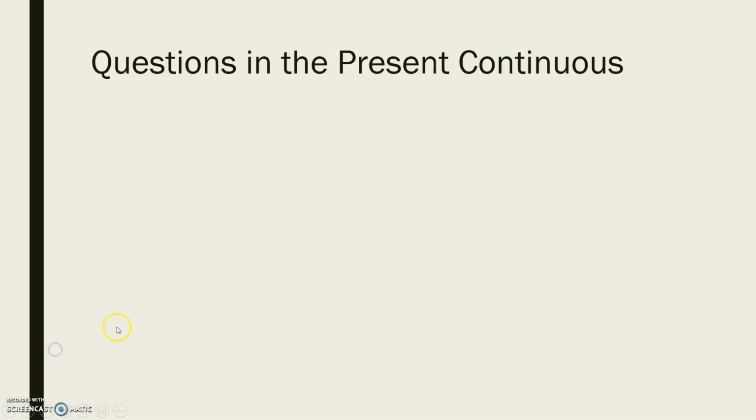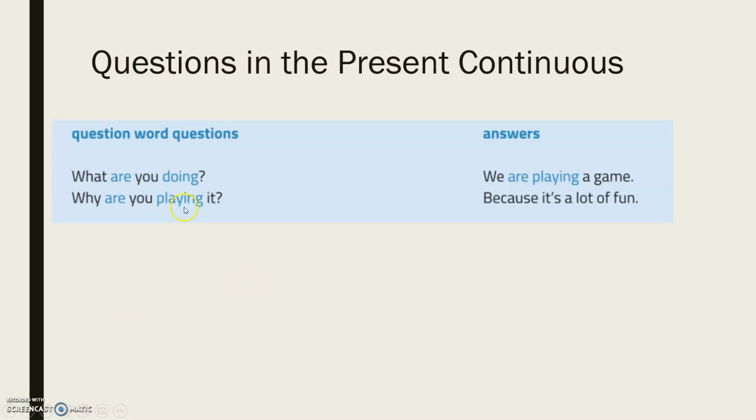Let's then have a look at the second type of questions, question word questions, so questions with a question word. A few examples: what are you doing? Why are you playing it? Remember, you heard these questions in the first exercise. The question words are, in this case, what or why.